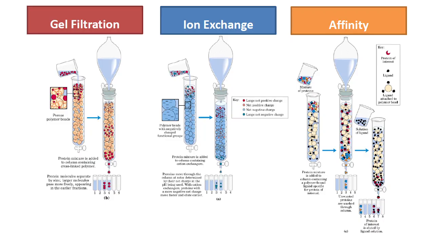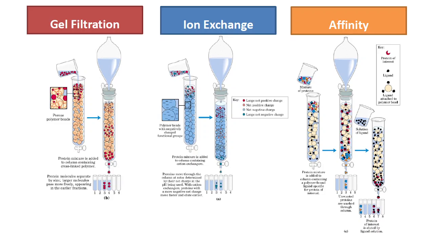Ion exchange is that you're basically purifying them based on their pI. So what is pI? pI is the isoelectric point. Every protein has an isoelectric point, the point at which it exists as a zwitterionic form. Generally, if the pH of a buffer is more than the pI, the protein is negatively charged.